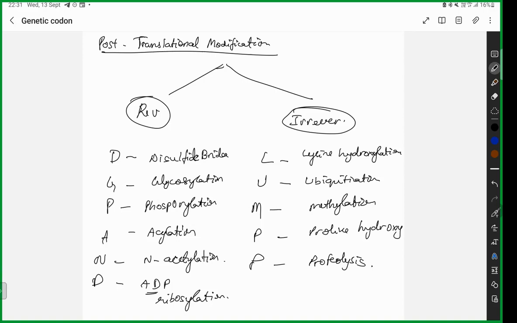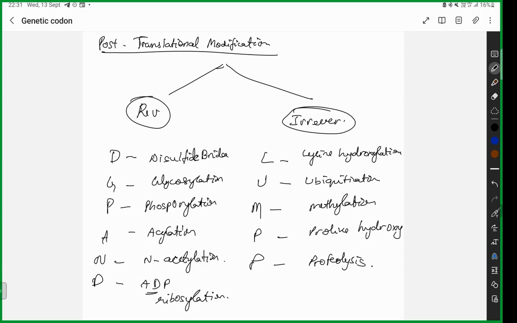From the amino acids supplied from the diet, you produce the remaining ones by these steps: adding a disulfide bridge, glycosylation, phosphorylation, methylation, ubiquitination, lysine hydroxylation, proline hydroxylation. From all these processes, you are going to produce another set of proteins. That is exactly what you have to understand.